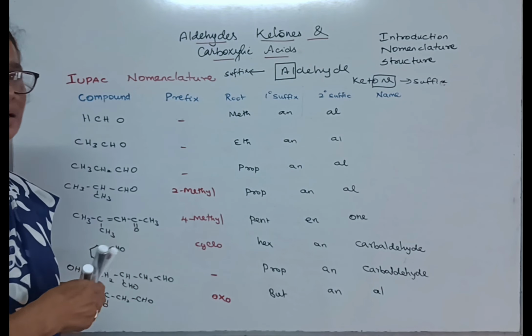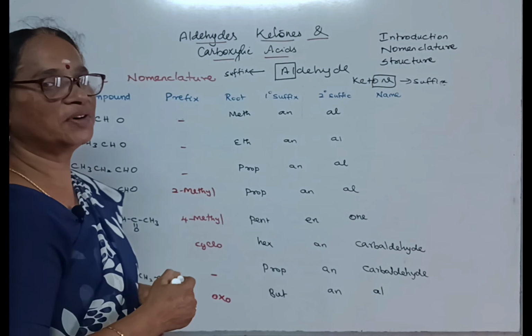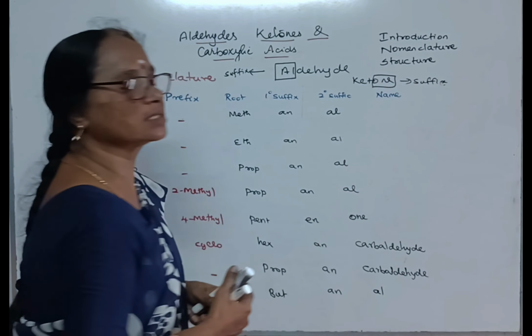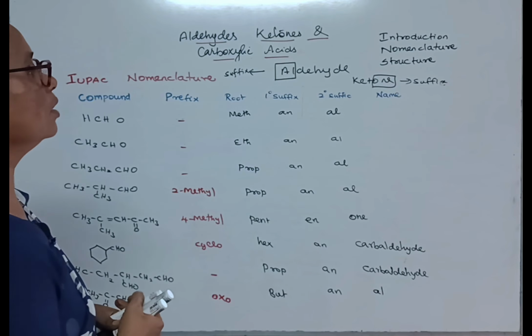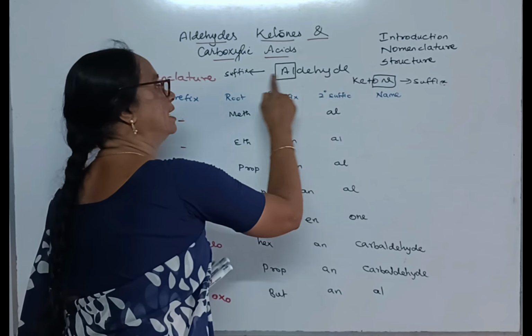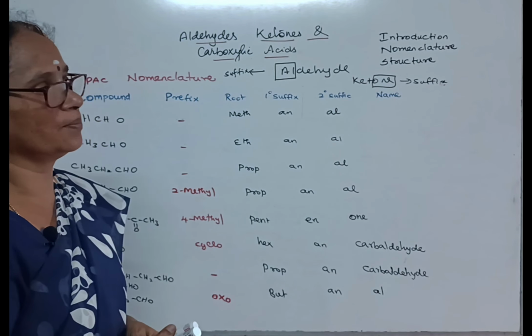So aldehyde, AL, makes the suffix of the functional group, and in ketone the ONE makes the suffix of the functional group. Both aldehyde as well as ketone, that AL and ONE, should always come as the suffix.